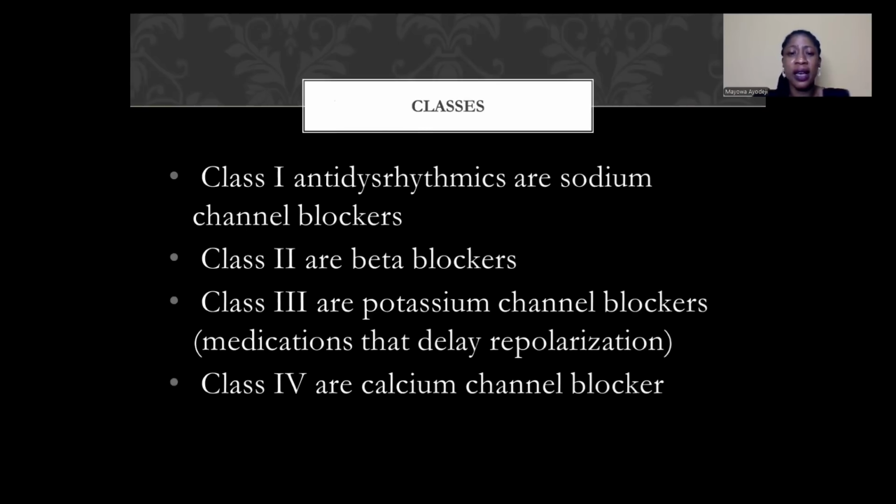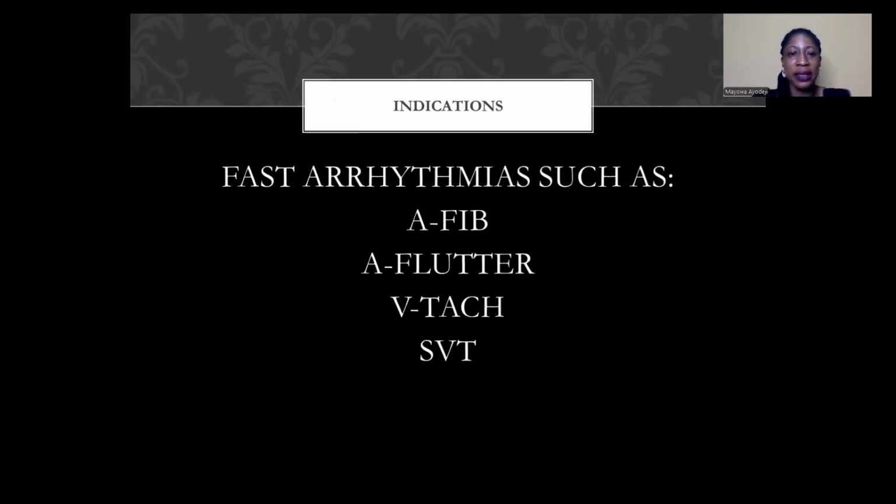Most of these ions or electrolytes play a role in making sure the heart functions properly. Now, what are the indications? We use them for fast arrhythmias like atrial fibrillation, atrial flutter, ventricular tachycardia, supraventricular tachycardia, and a whole lot of them.